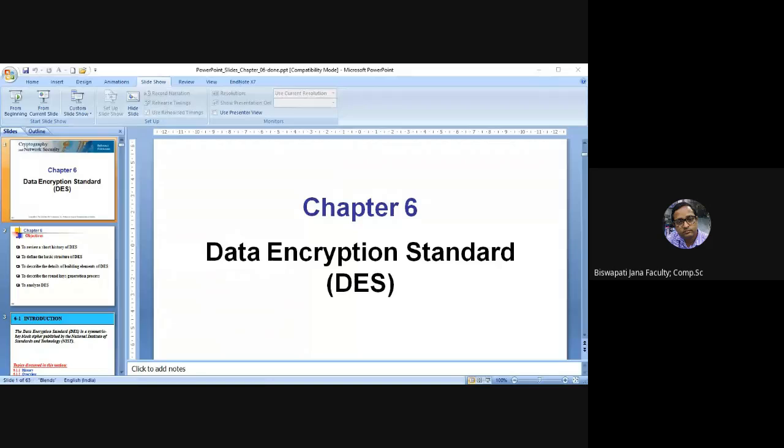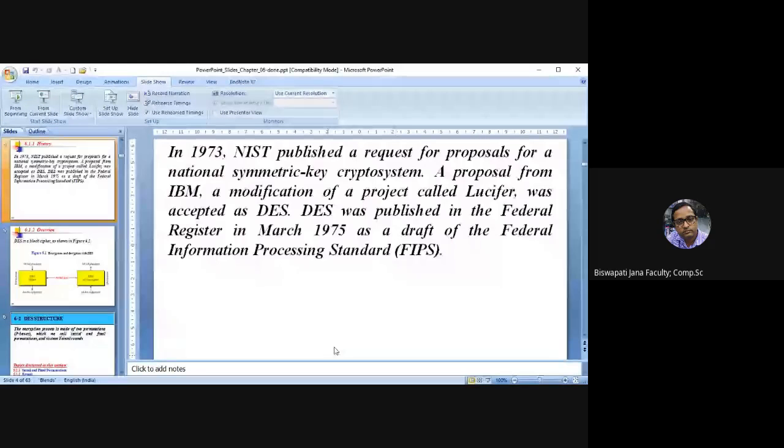The Data Encryption Standard is a symmetric key block cipher published by the National Institute of Standards and Technology, NIST. So what is the story behind this DES technique? In 1973, NIST published a request for a proposal of a security scheme.